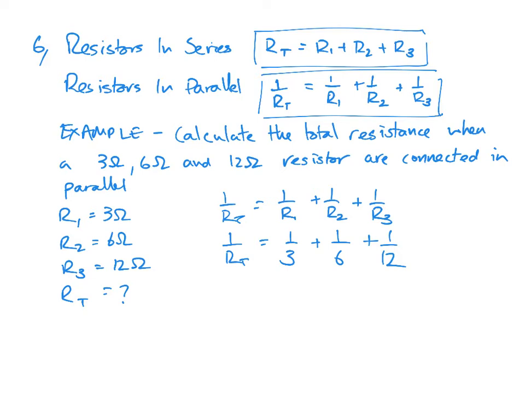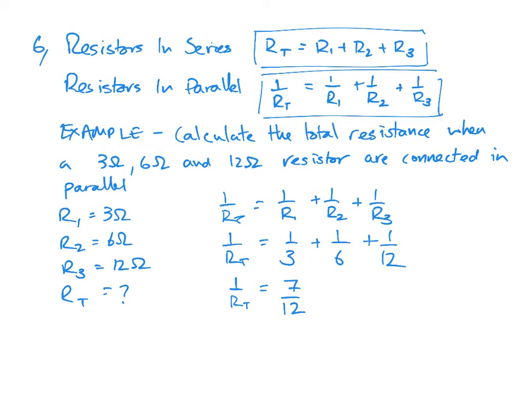So show your working, show your substitution of R1, R2 and R3. But then you can now do this in your calculator. We'll probably write that 1 over RT equals 7 over 12.